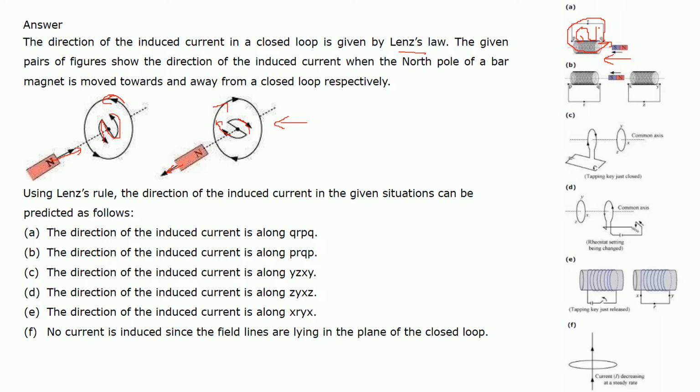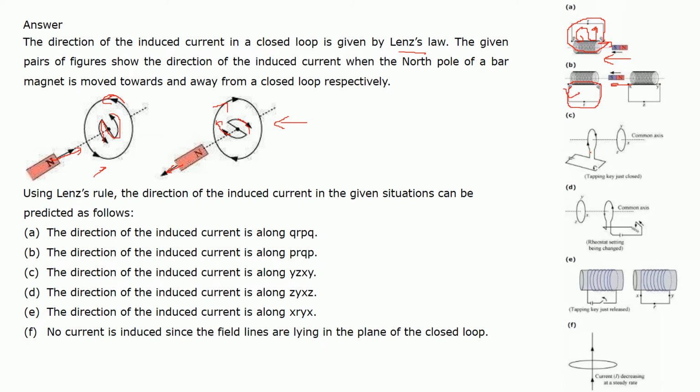So this is how it is going to be. As I suggested here, we are bringing the pole or the magnet. In the similar fashion, when we are taking it away from this point, what will be the direction of the current? It will be PRQP, like this.